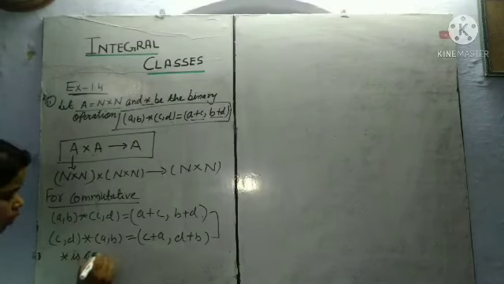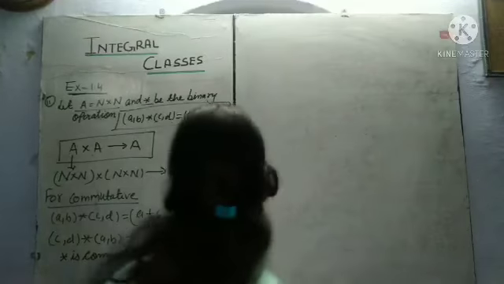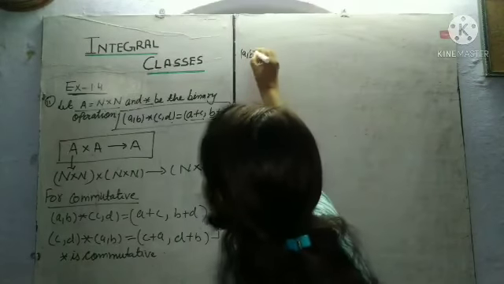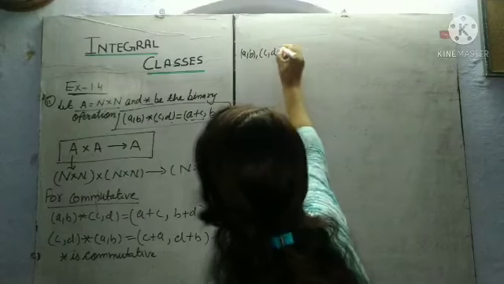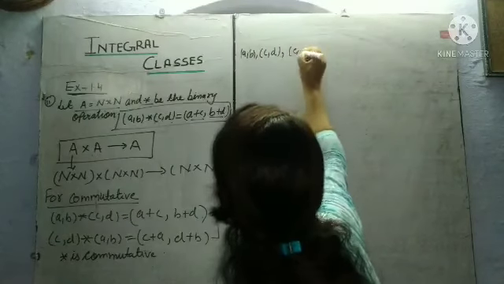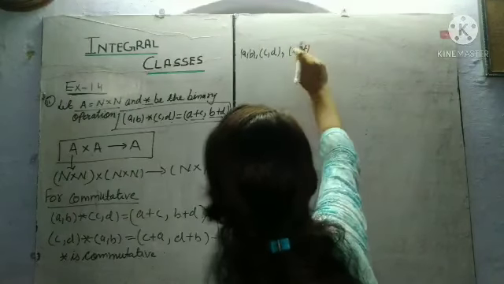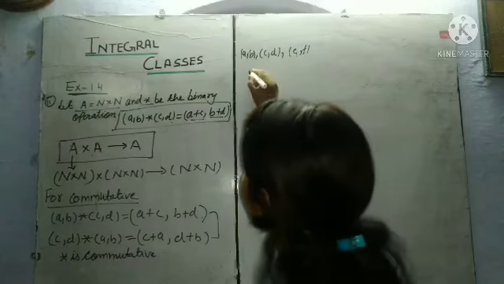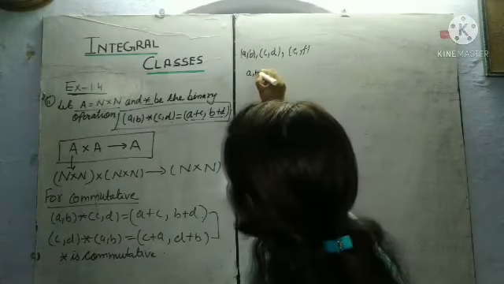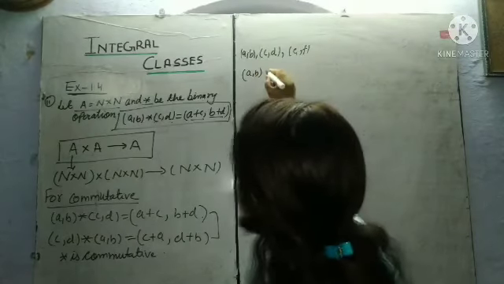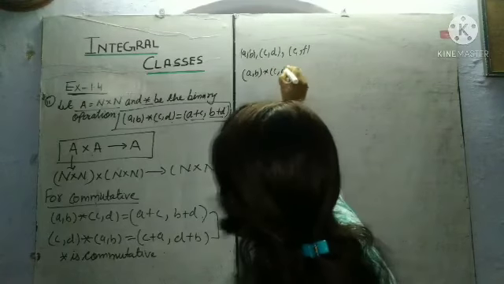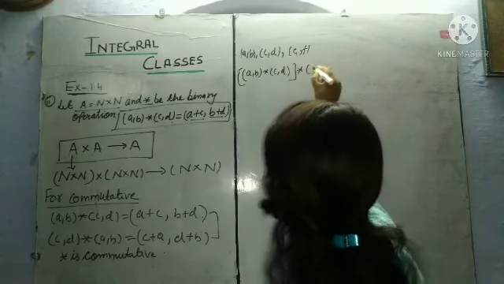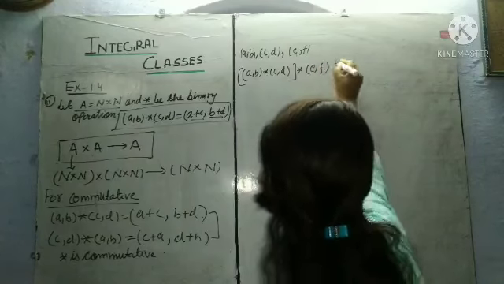Now for associativity we will consider three pairs. First is (A, B), (C, D) and (E, F). First we will find (A, B) star (C, D), then star (E, F). On the other side, (A, B) star ((C, D) star (E, F)).